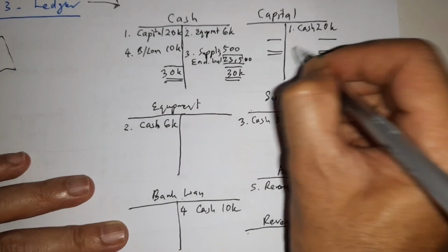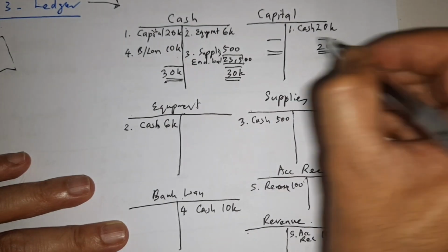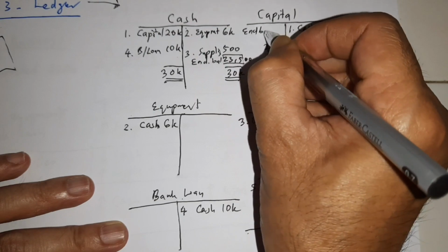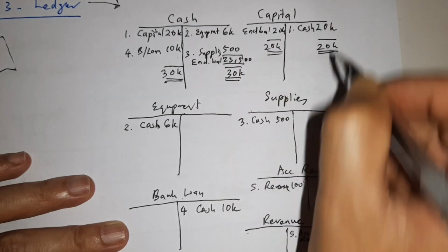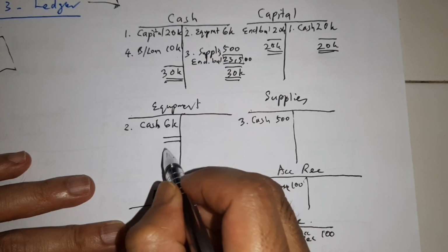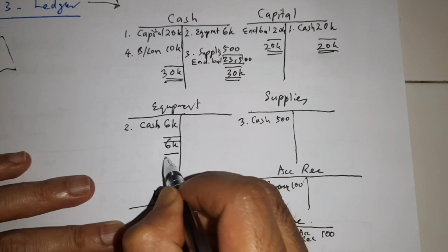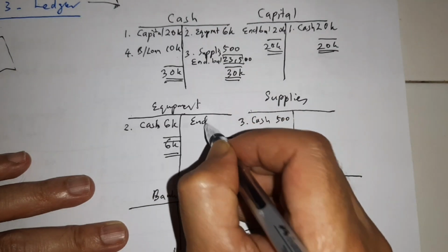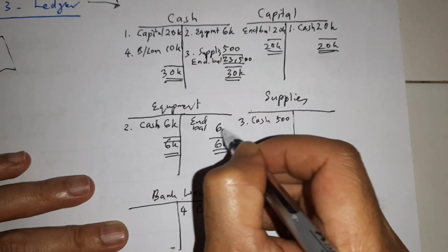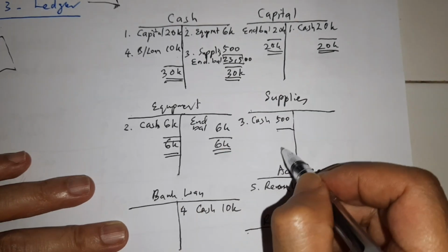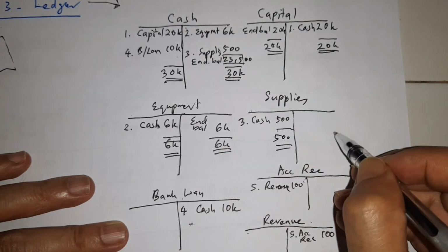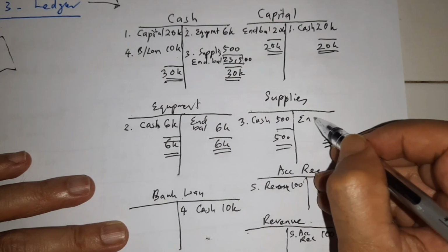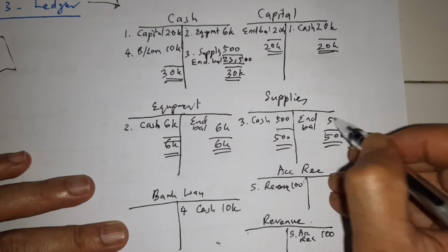The highest number for capital is 20,000. So the ending balance is 20,000. Here 6,000, supposed to be also 6,000 here. So ending balance is 6,000. 500, ending balance 500.